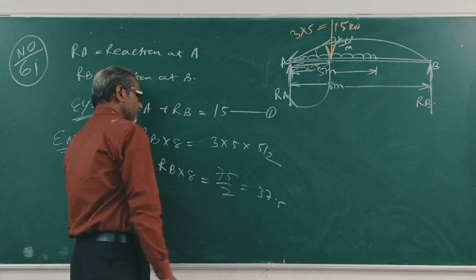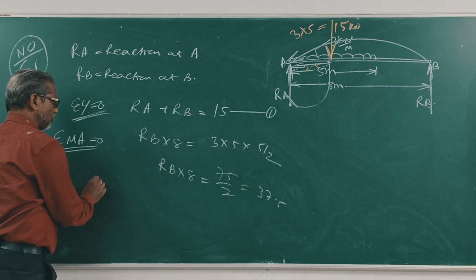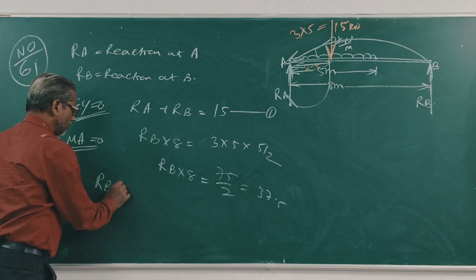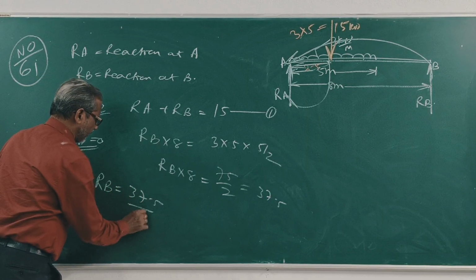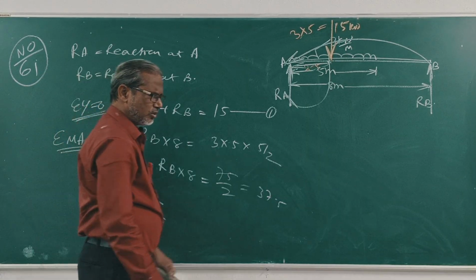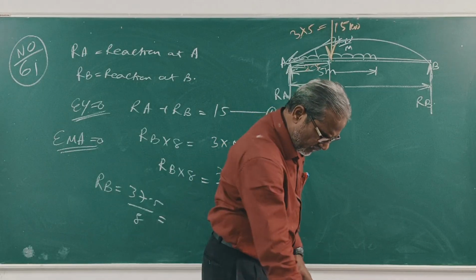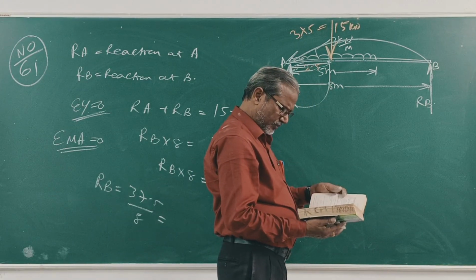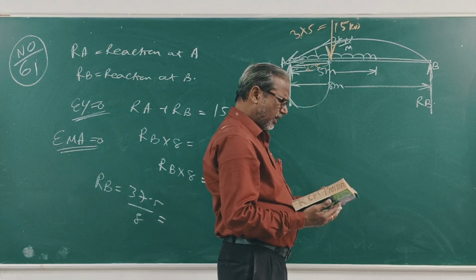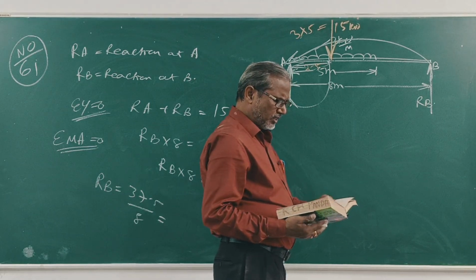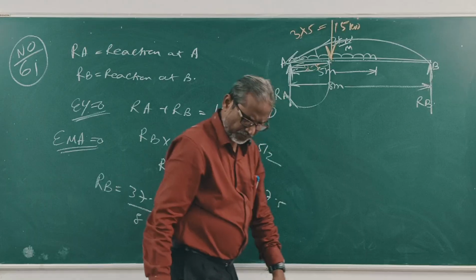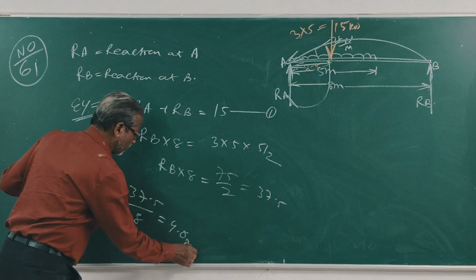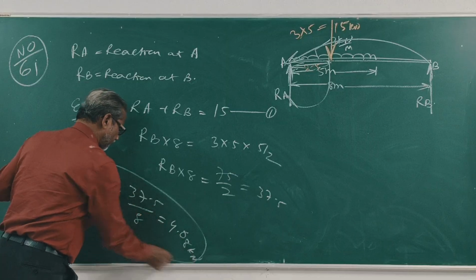Clear? What is RB? 37.5 by 8. RB is equal to 4.68 kilonewton.